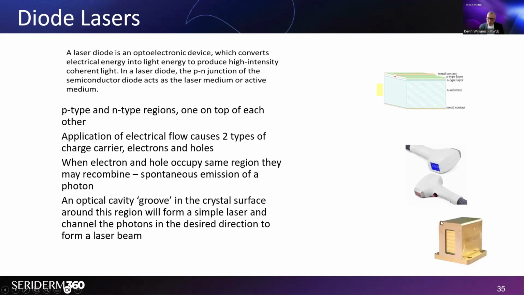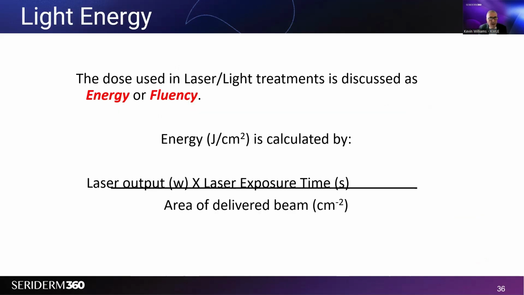Okay, the problem is with this type of system, they're using low energy to begin. They generally have much lower energy outputs, and we're not going to cover this in detail today, but there's a calculation to work out the energy. So our joules per centimeter squared, so our energy per centimeter squared, is the output of the laser in wattage times the exposure time divided by the area.